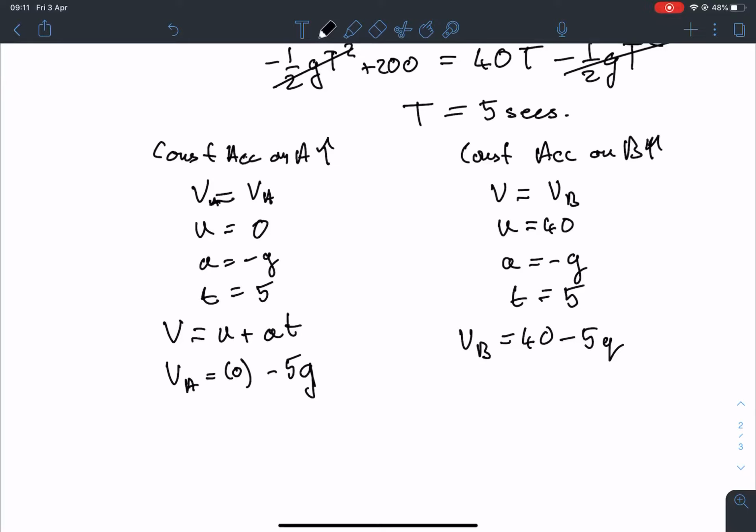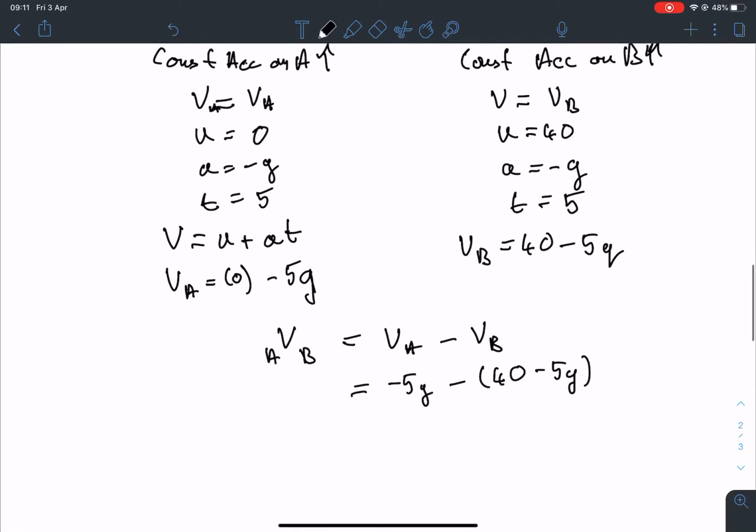So v, when they collide, is vA. u is 0 for A, wasn't it? It was dropped. a equals minus g and t equals 5. So v equals u plus at, so vA equals 0 minus 5g.